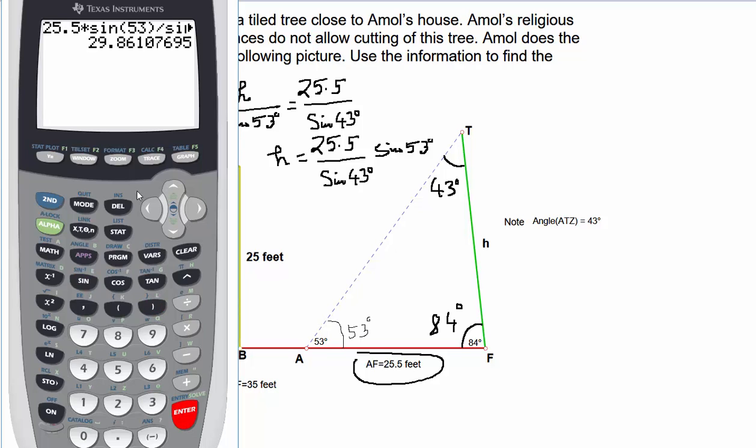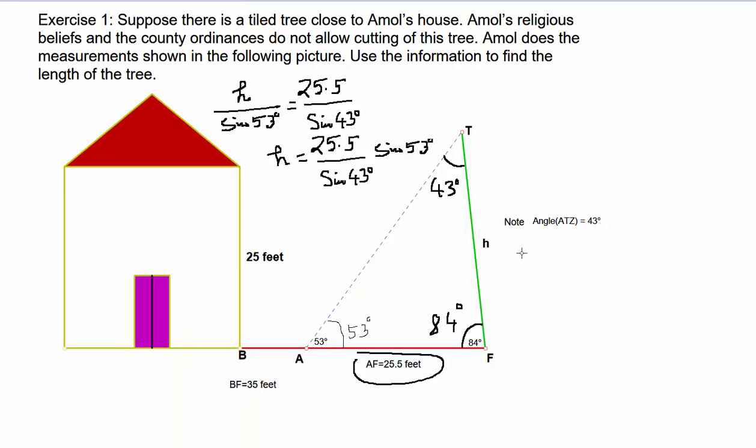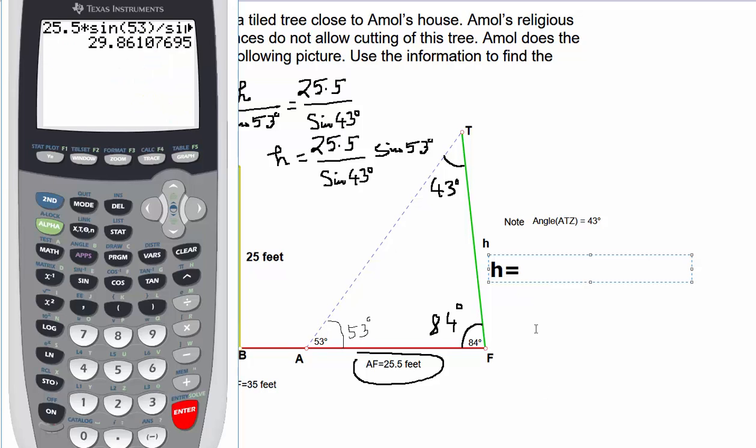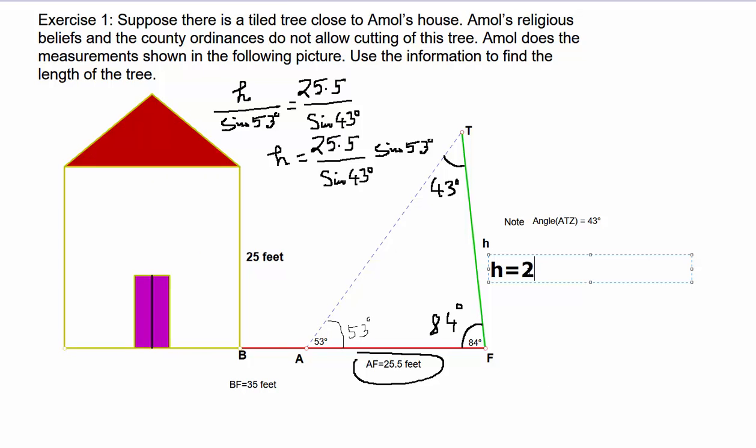The length of the tree turns out to be how much? 29.86 feet approximately, right? So h is 29.86 feet. That's one of the ways you can use the law of sines.